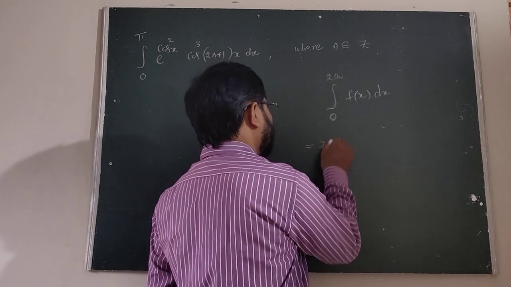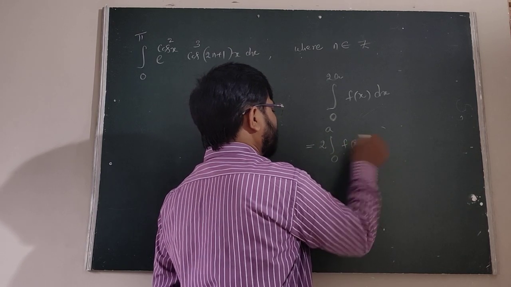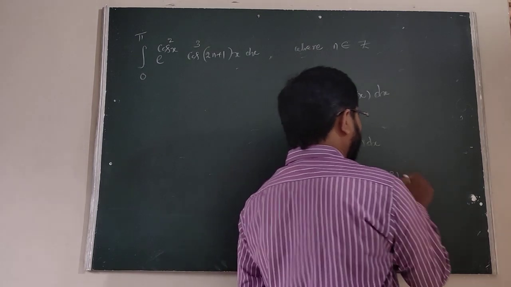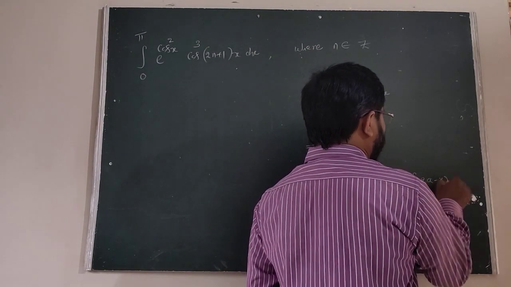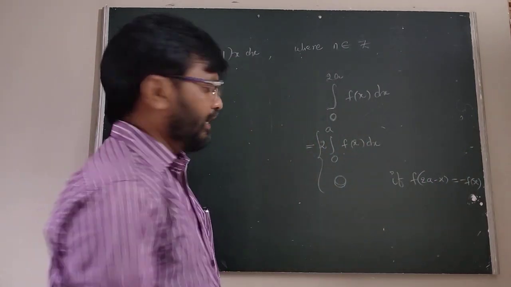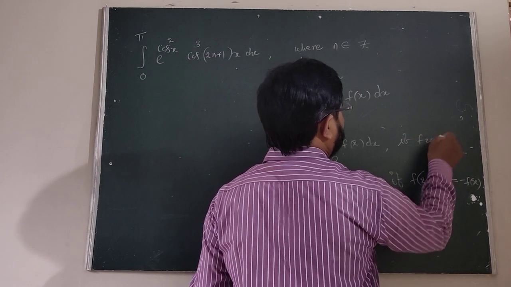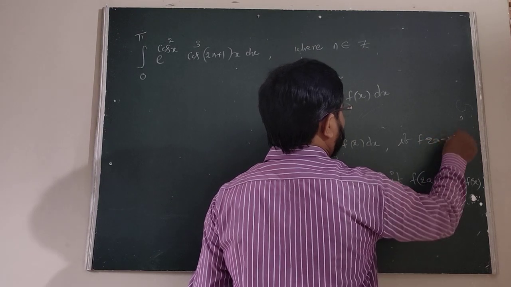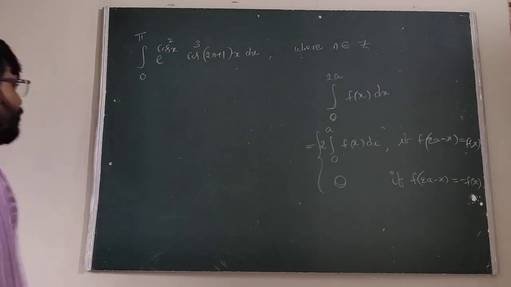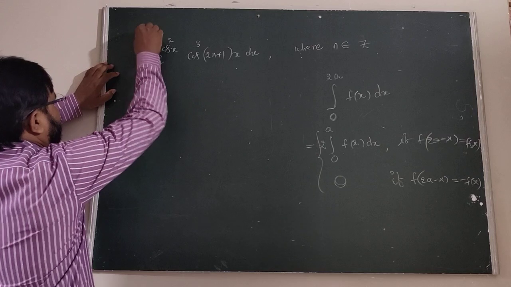It is twice the integral from 0 to a of f of x dx when f of 2a minus x equals f of x, and it is 0 if f of 2a minus x is the minus of f of x. Is it clear? Therefore here we have 0 to pi, so it will be taken as 2a.